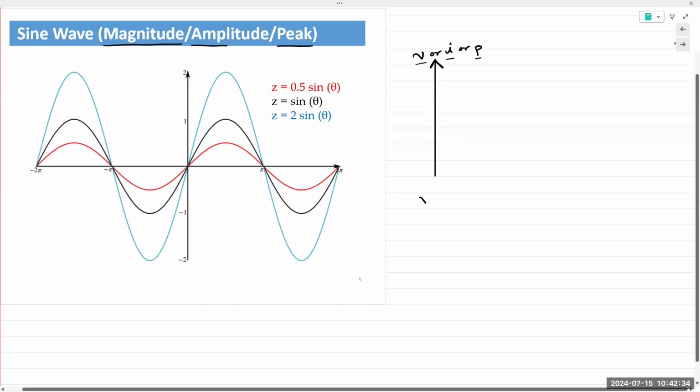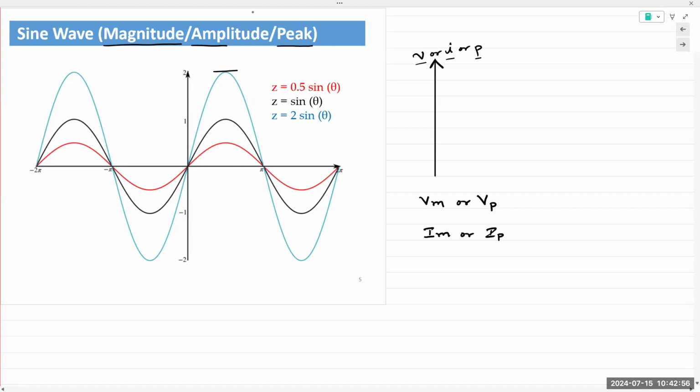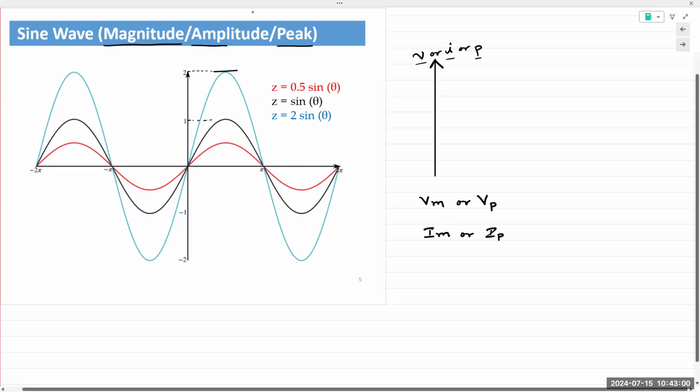So they can be described as Vm or Vp. P stands for peak. Similarly, if the equation was describing a current, it would be Im or Ip. And that peak or magnitude is basically this max value in the y direction.